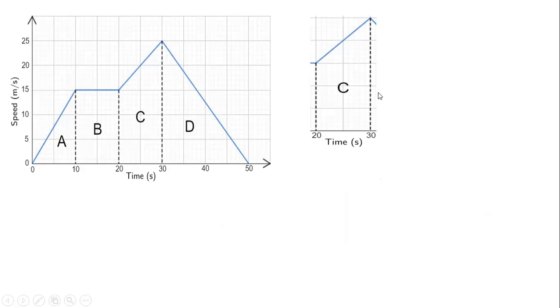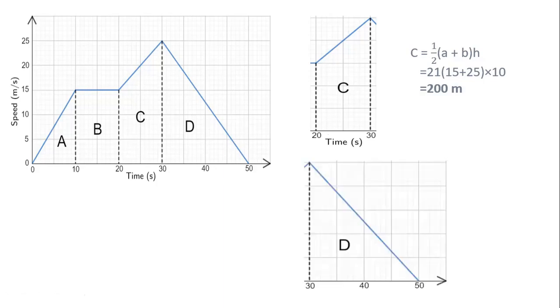So from there to there, it's 25. Then from 20 to 30, you just need to subtract here. 30 minus 20, you have 10. So the height is 10. And you substitute into the formula which says area is half, A plus B, then H. So your A is 15, your B is 25, then your 10, and you come up with your 200 meters.